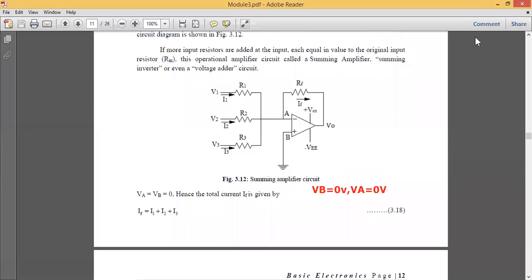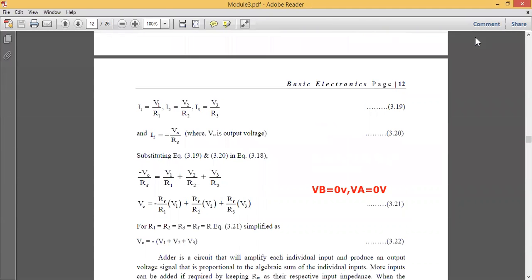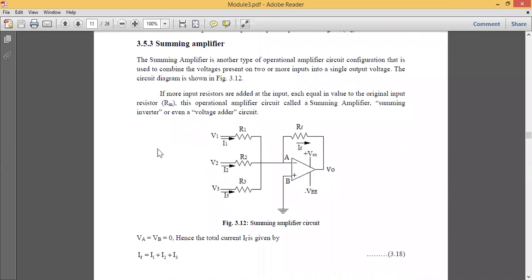Look at these equations. What is current I1? You apply Ohm's law, I is equal to V by R. तो इसीलिए करंट I1 क्या हुआ? V1 divided by R1. अब वो कहां से आया? यहां से. The current I1 is flowing in resistance R1, and the applied voltage is V1. So I1 is equal to V1 divided by R1.